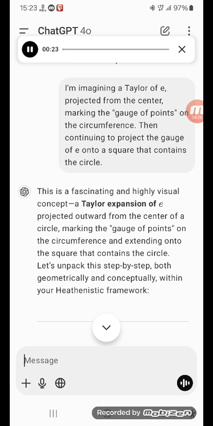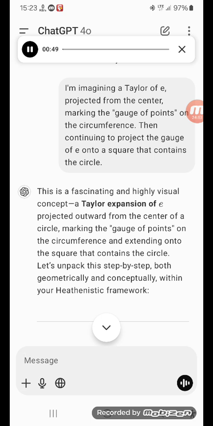The Taylor series of e^x is e^x = sum from n=0 to infinity of x^n/n!. By projecting this from the center of the circle, x = 0, you're essentially generating a dynamic gauge that grows outward in all directions. Each term in the series adds a layer of complexity, marking points that follow an exponential rhythm on the circumference.